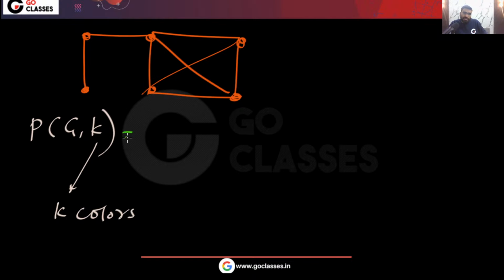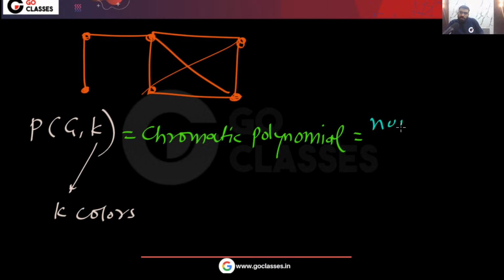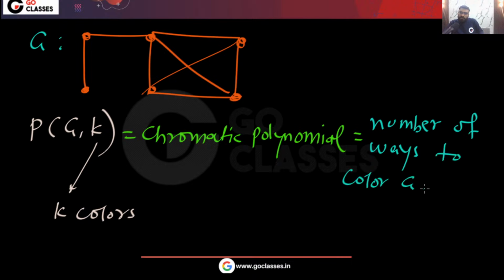This PGK is called the chromatic polynomial. The name is chromatic polynomial. And what does this actually mean? This simply means the number of ways to color graph G with K colors.